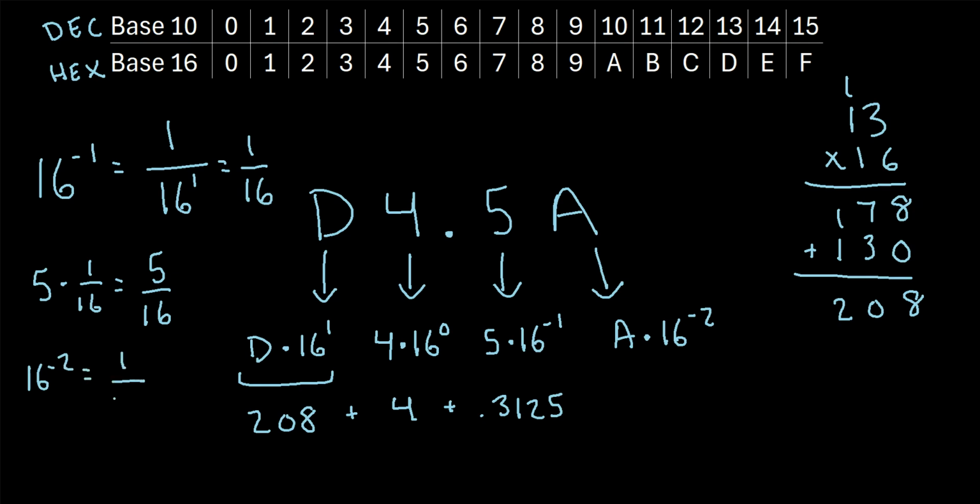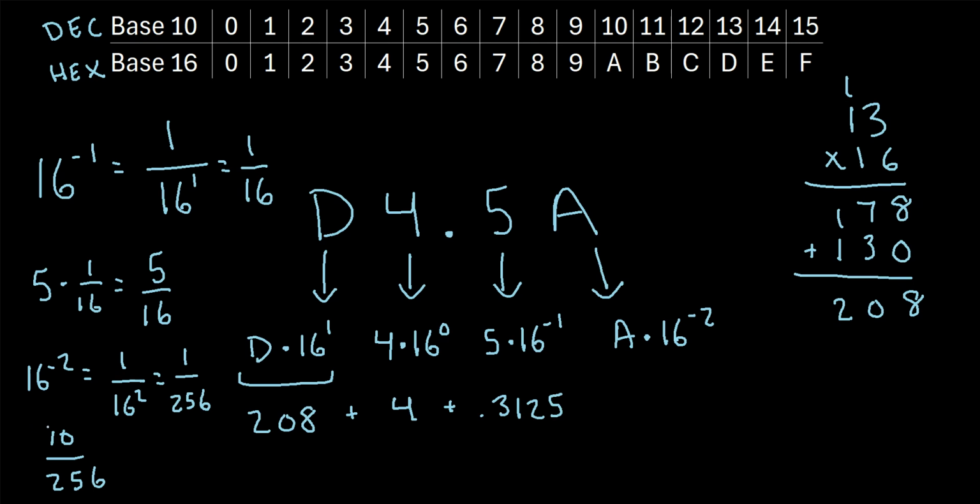And then moving on to a times 16 to the -2, well, 16 to the -2, that's the same as 1 over 16 squared. And earlier we found that 16 squared was equal to 256. So this is 1 over 256. So we're multiplying a times 1 over 256. A we said was 10. So a times 1 over 256 is just 10 over 256.